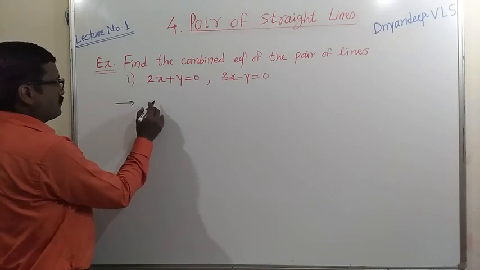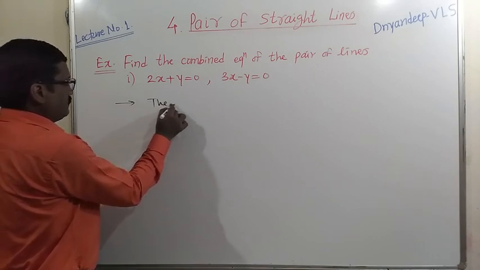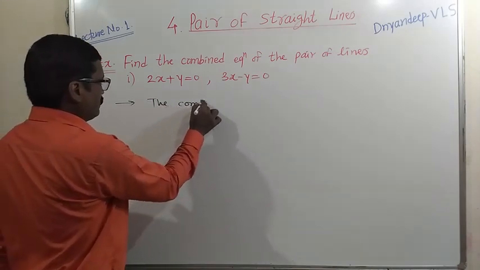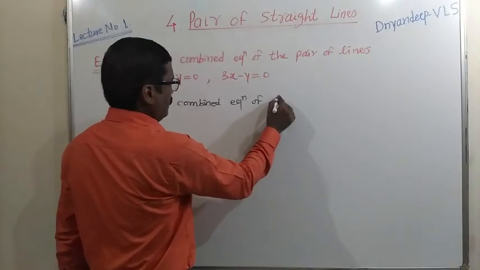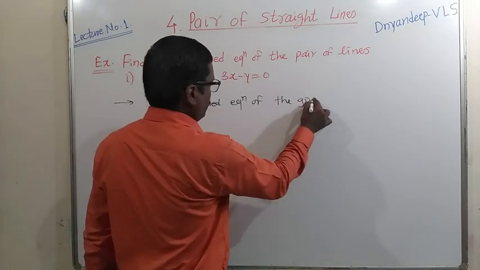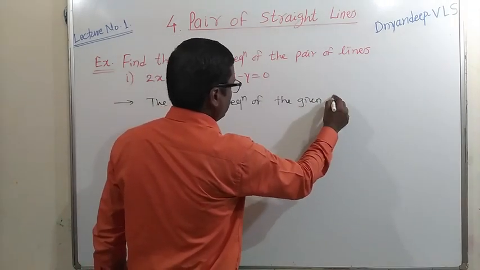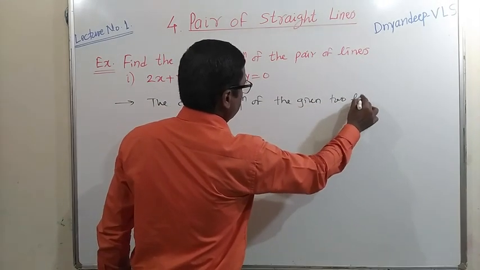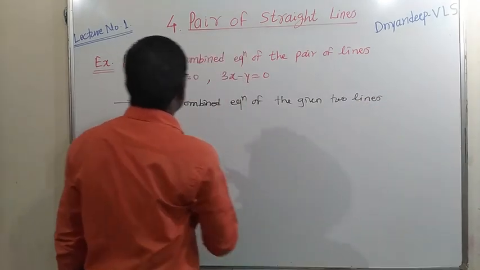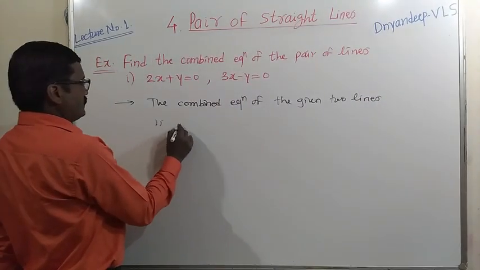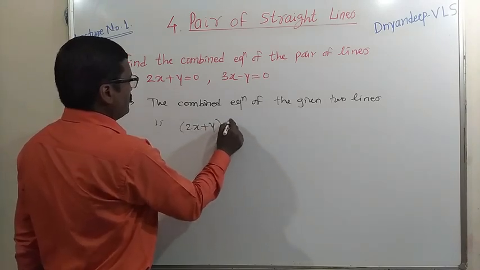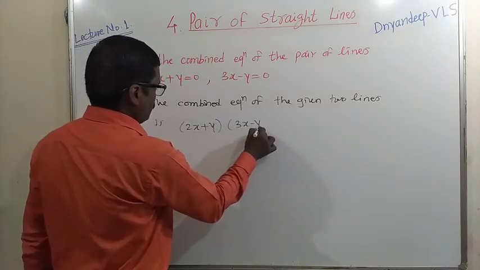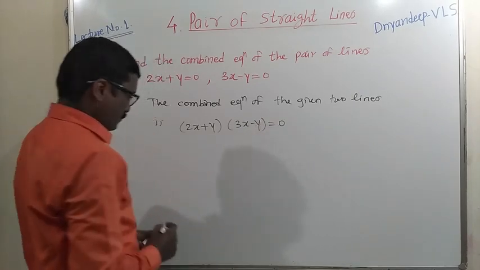In the solution we will write: the combined equation of the given two lines is (2x plus y) into (3x minus y) equal to 0.